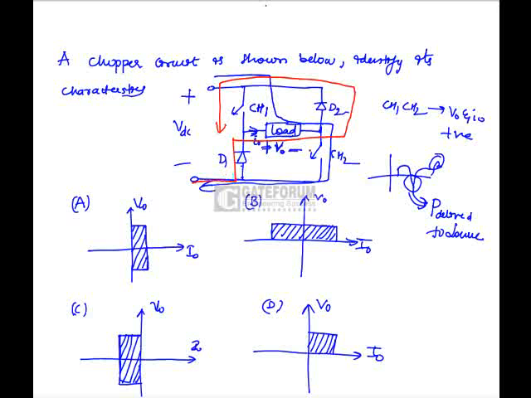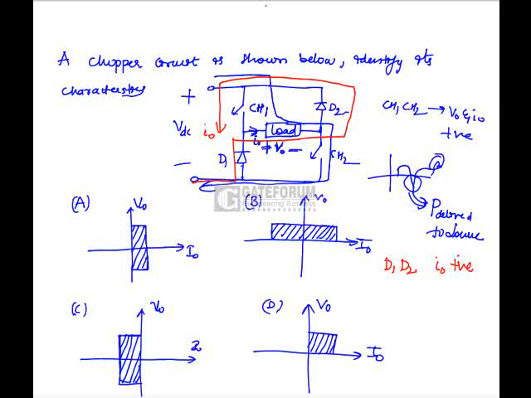That means the load current I0 direction is this. If the load current remains the same when D1 and D2 are conducting, I0 is positive.